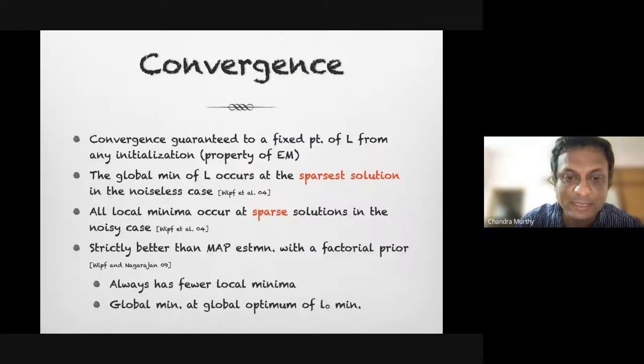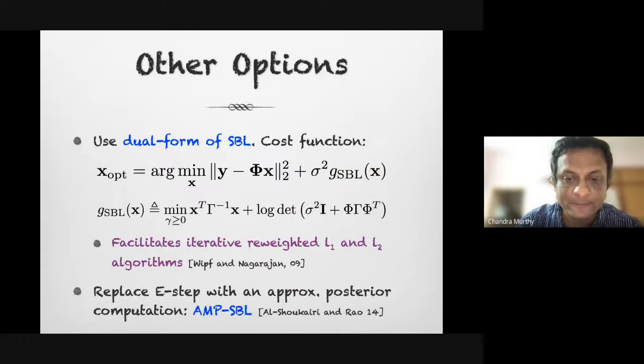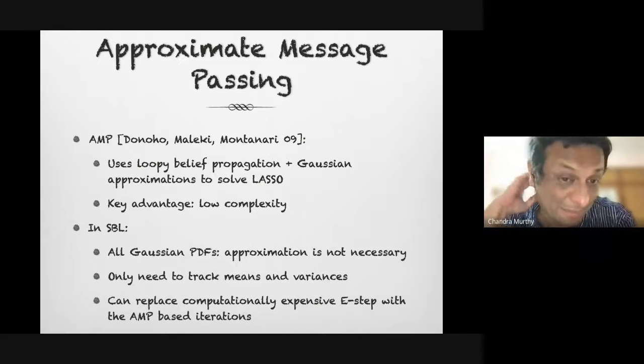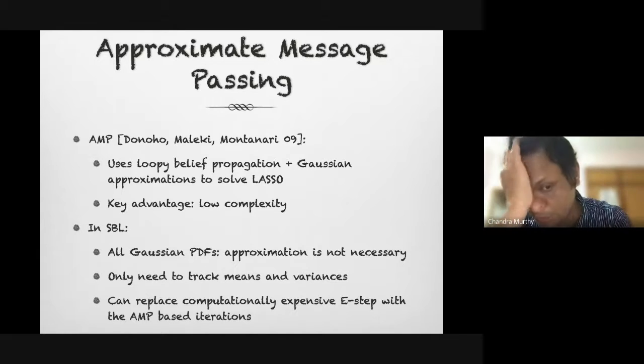So you replace that E step with an approximate posterior computation. And this leads to an algorithm known as approximate message passing sparse Bayesian learning. And this approximate message passing uses something called loopy belief propagation and Gaussian approximations. And its key advantage is that of low complexity.